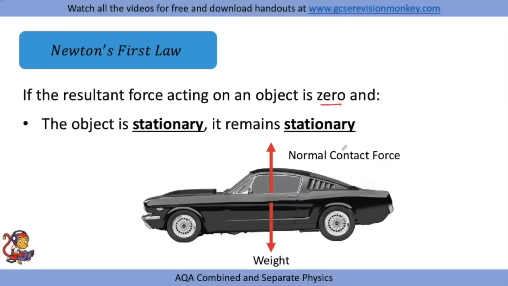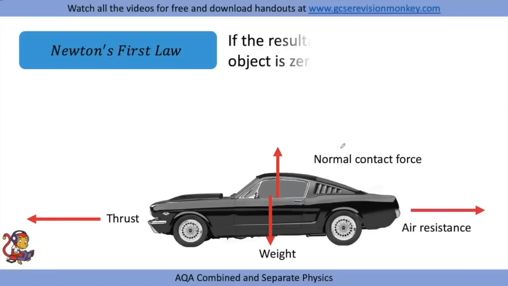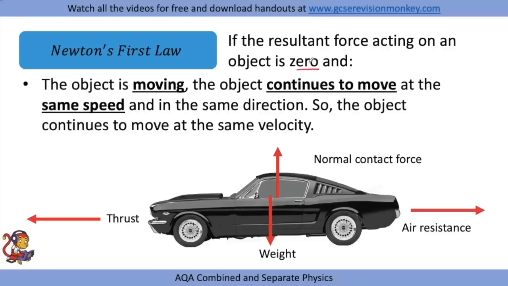In the second example, if the resultant force acting on an object is 0 and the object is moving, the object continues to move at the same speed and in the same direction. So the object continues to move at the same velocity.